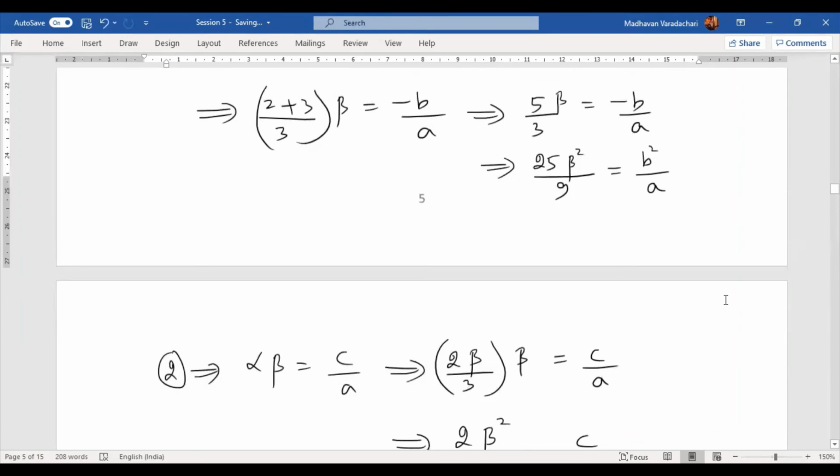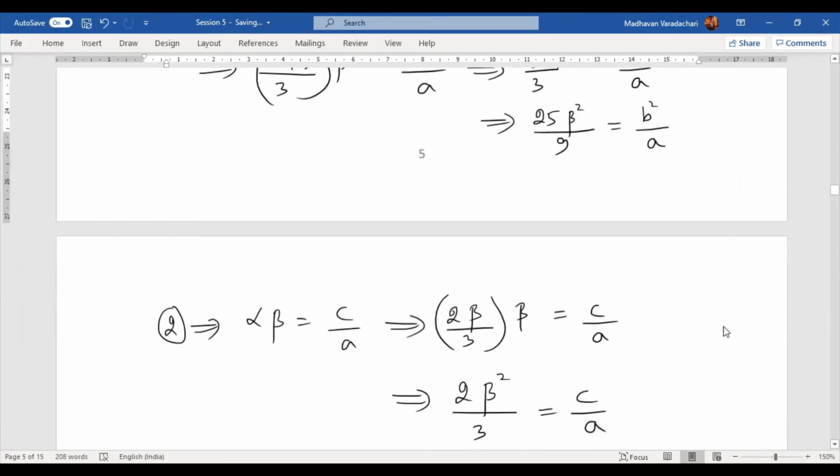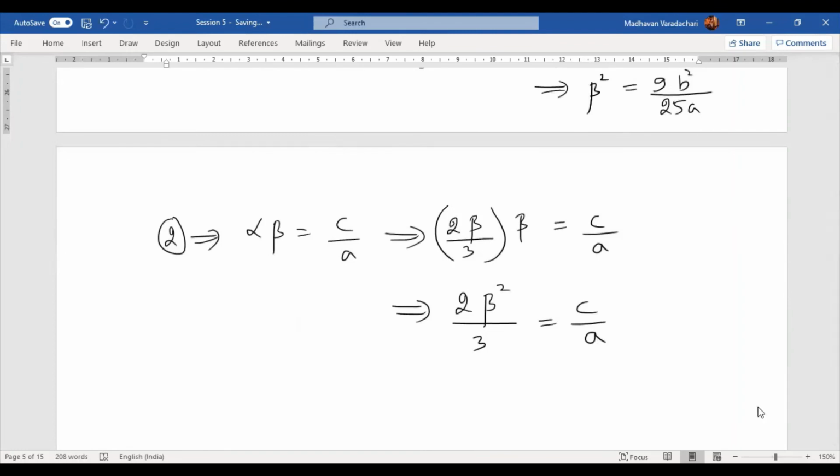Now I can somehow equate this. I can write this as beta square is equal to 9b square by 25a. Here I can rewrite this as beta square is equal to 3c by 2a.